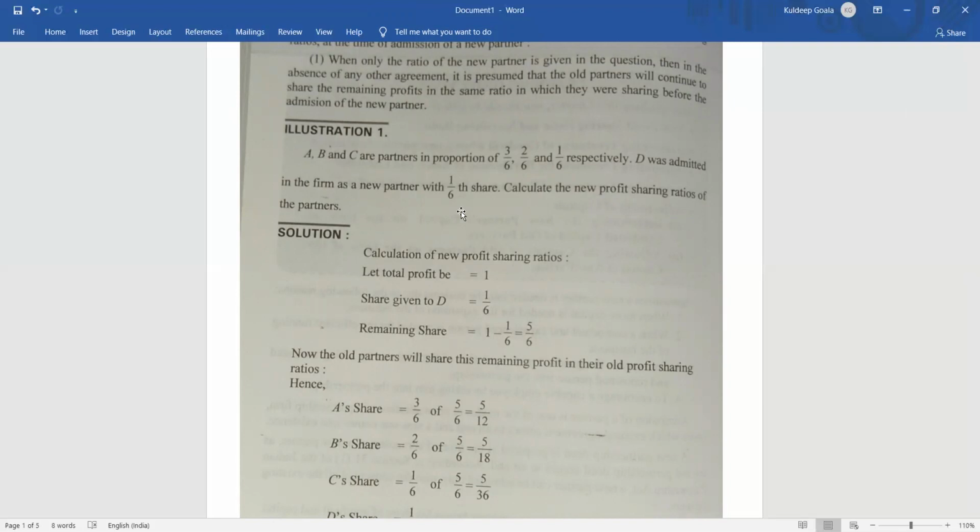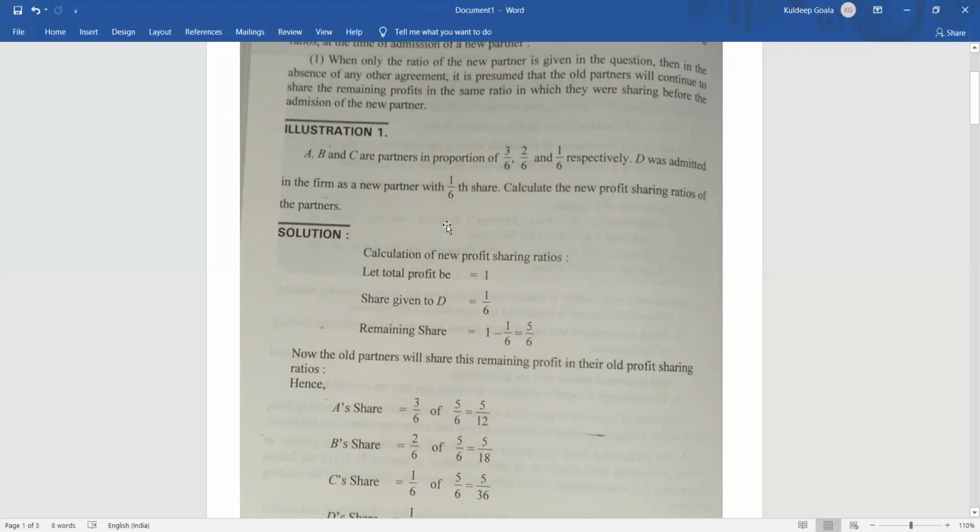Out of that, you give D his portion, which you know is 1/6, and the remaining is taken by the old partners, that is A, B and C, in their ratio 3:2:1. The remaining share they will take in 3:2:1. In that way you will find the new ratio.